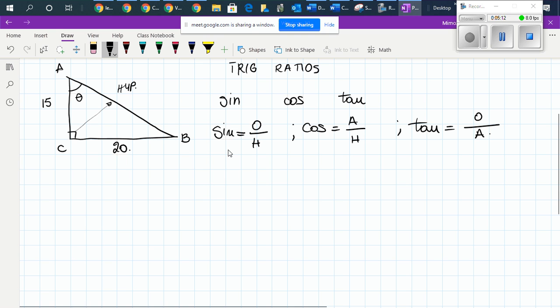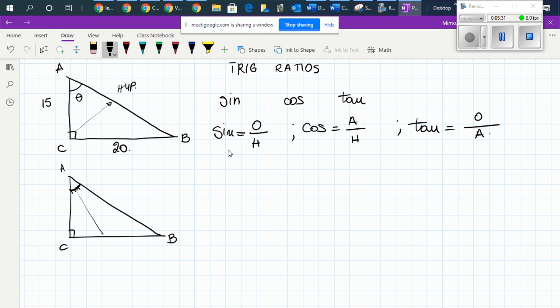What does that mean? If we have a right angle triangle that is A, B, C like this, if I am standing at angle A, then the opposite of angle A will be BC.